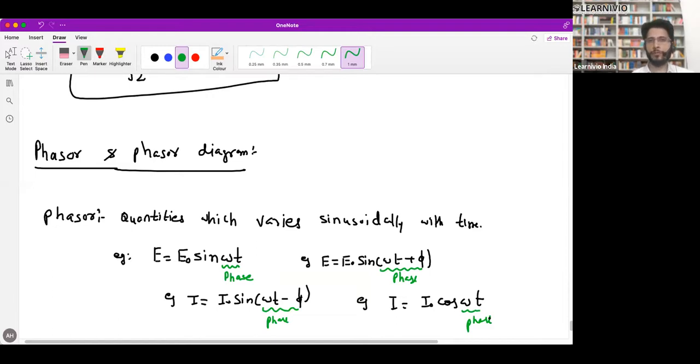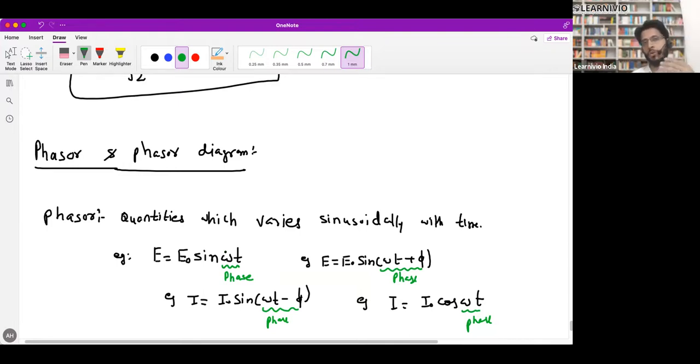For a phasor, phase is like the soul of this equation. How this EMF will change with time depends upon this phase. This phase controls the time dependency of EMF or current, or in general any phasor. For phasors, we are not just restricted to EMF and current. You can have velocities, displacements, accelerations, kinetic energy, which depend upon sine and cosine functions.